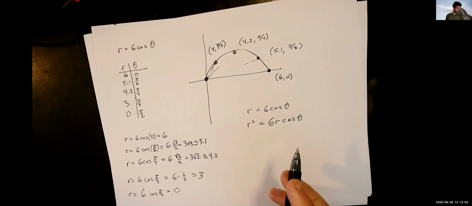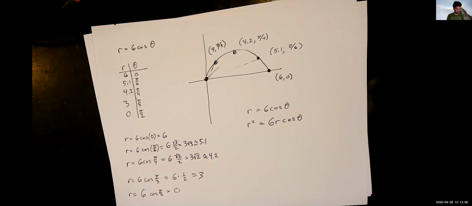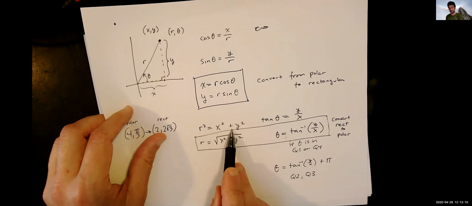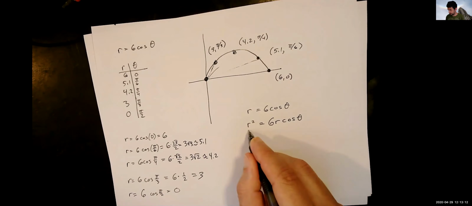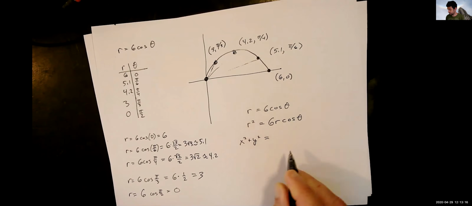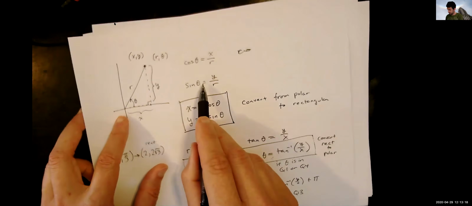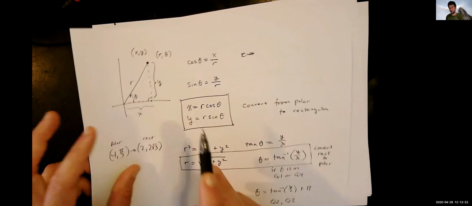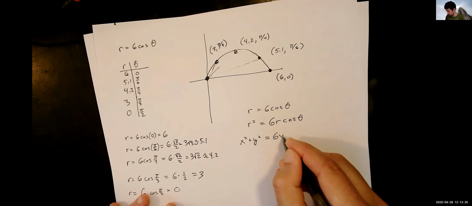Now, if you remember those relationships, r squared is equal to x squared plus y squared. So I can replace this with x squared plus y squared. r cosine theta is equal to x. This is equal to 6x.